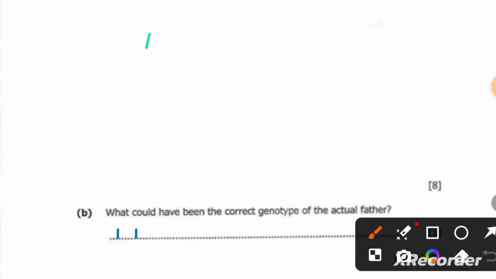We are just told in the question that Mrs. Mumba has blood group O.